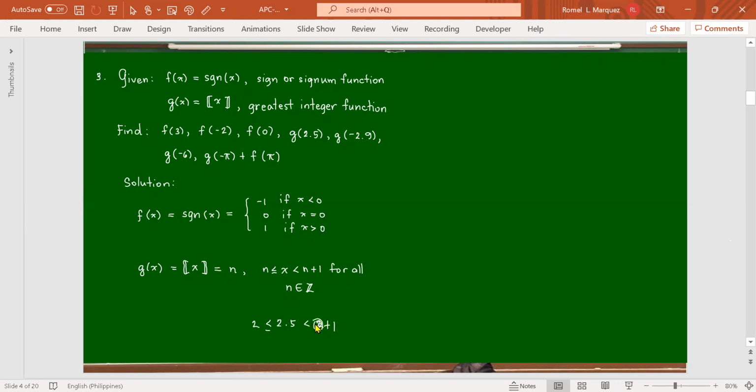So our integer n is 2. And that n that is equal to or less than x, which is 2.5, is 2. So we want an integer as the value, meaning we are pulling down the value to the lower integer. Is that clear, guys? Sometimes it is called the floor function.